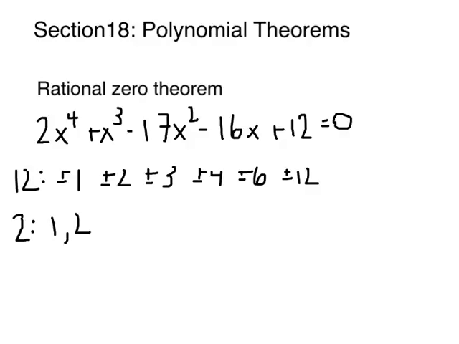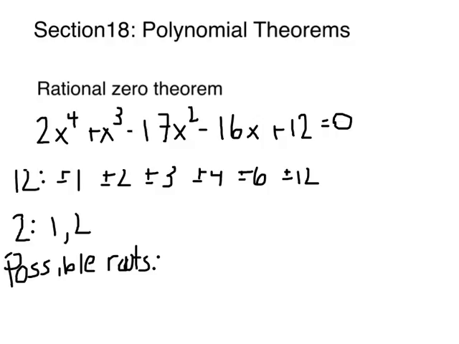Now to find all of the possible roots, what you need to do is divide the factors of the last term by each of the factors of the first term. So you take 1, 2, 3, 4, 6, and 12, divided by 1, and divide by 2.